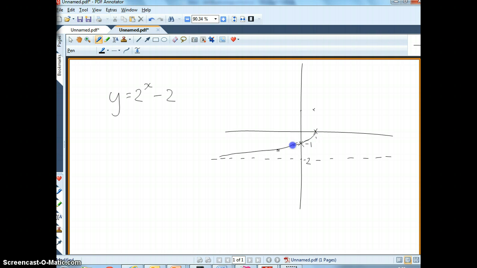Remember where it cuts is really, really important. When you are asked to draw a graph, you've got to get these intersections right. I'd also plot the point when x is 2. You can substitute it in. What's 2 squared? Minus 2. Okay, and that would be that graph.